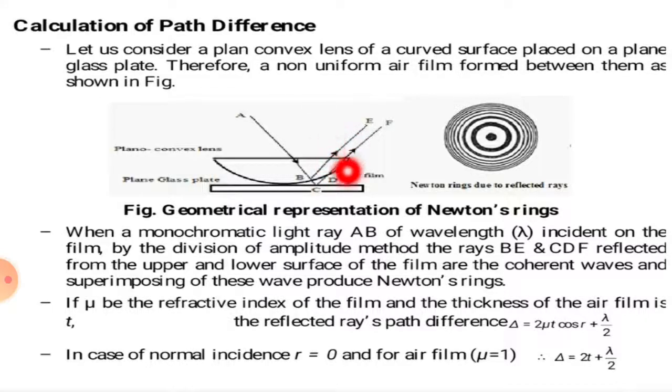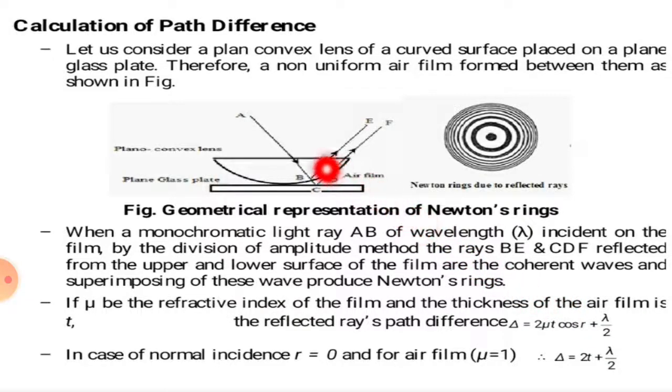Here we will find out the path difference between these two reflected light rays. Already we found that the path difference between the light rays in the reflected system is delta equal to 2 mu t cos r plus lambda by 2. Here, for normal incidence, r is equal to 0, so cos r is equal to 1.